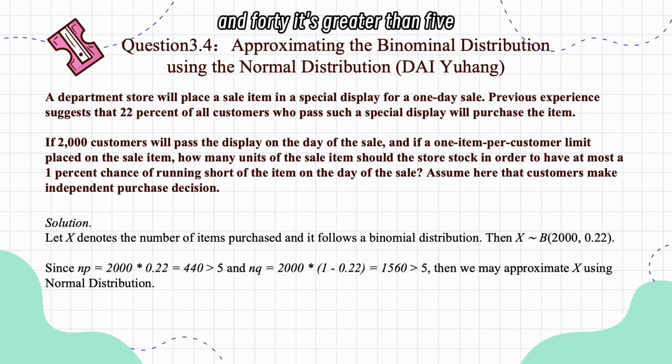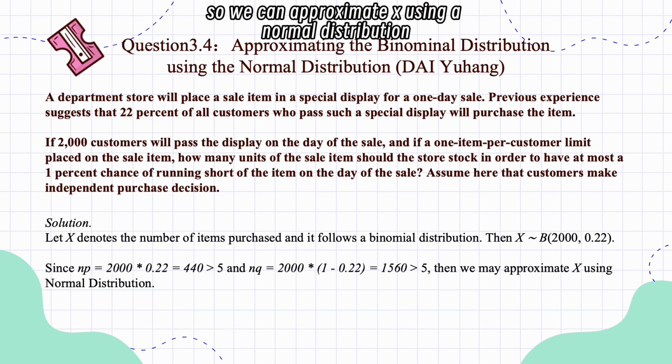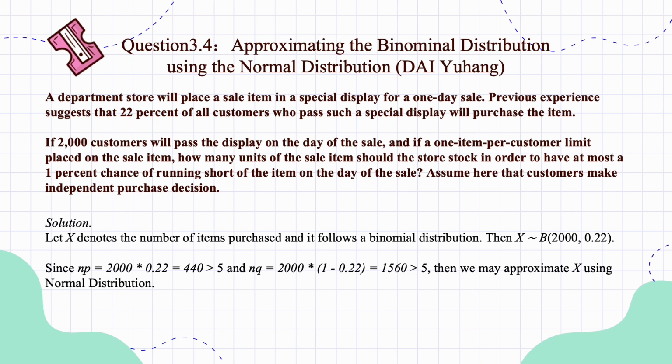Since np equals 440, which is greater than 5, and nq equals 1056, also greater than 5, we can approximate X using a normal distribution.